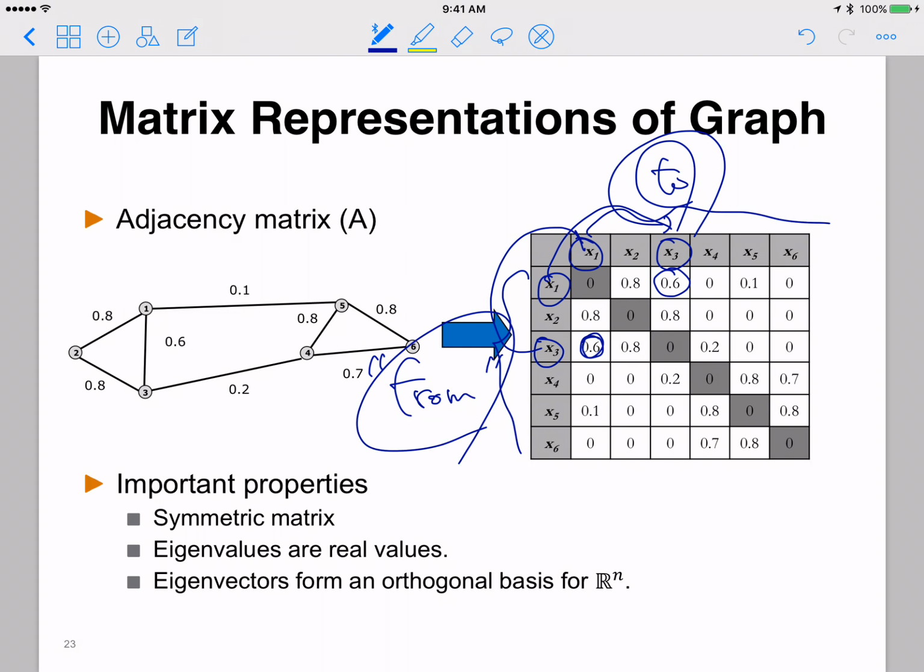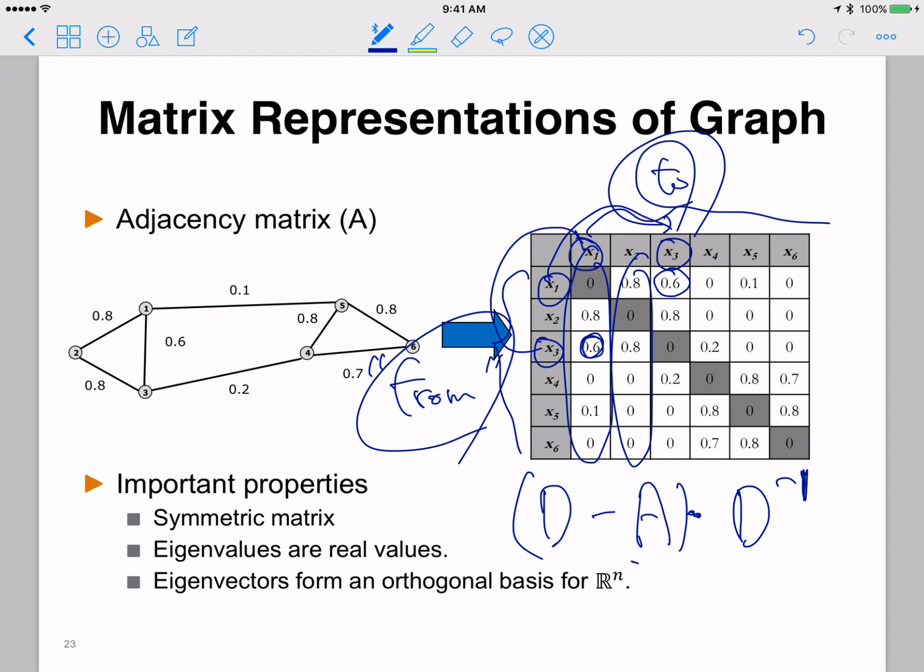The Laplacian is basically D minus A, and suppose we multiply D inverse from the right. It is like normalizing each column so that the column sum becomes 1.